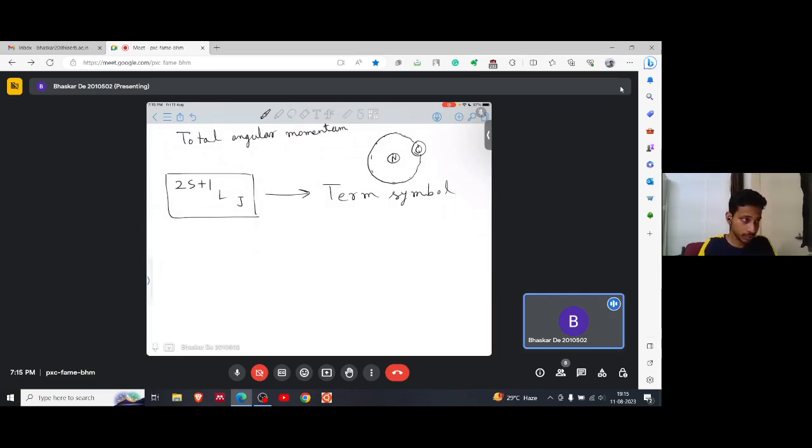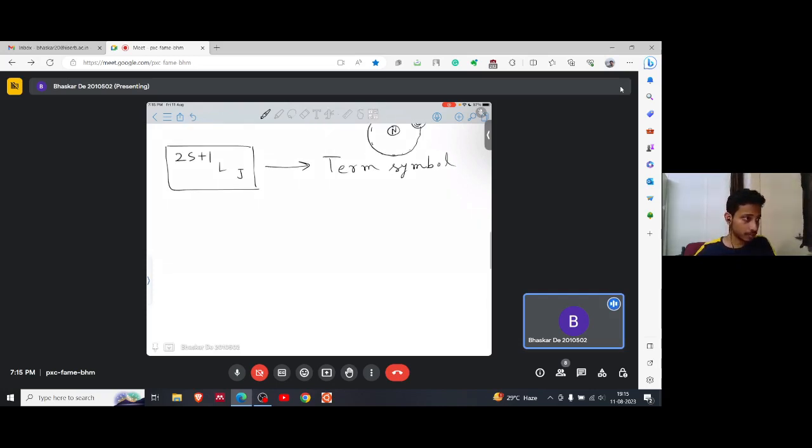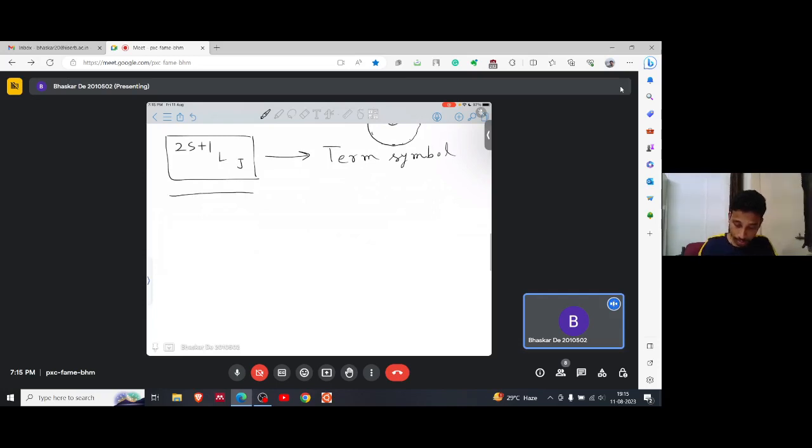Okay, but before that, in order to know the value of S, L and J, there is a nomenclature for L also. That will be given by a table.